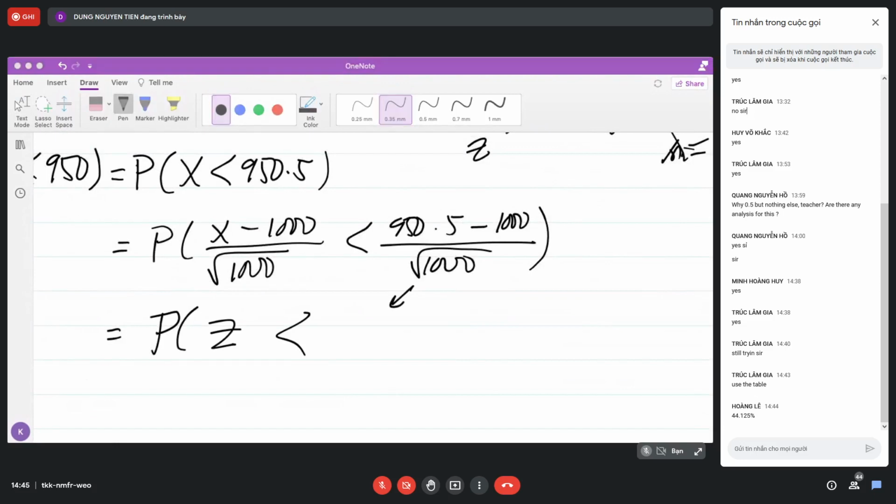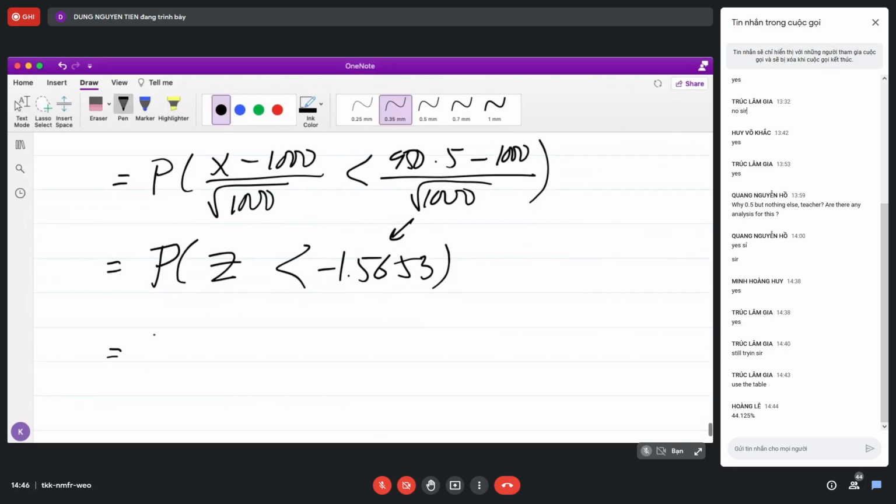What is that number? It is (950.5 minus 1000) over the square root of 1000, and you get minus 1.5653. Do you understand?